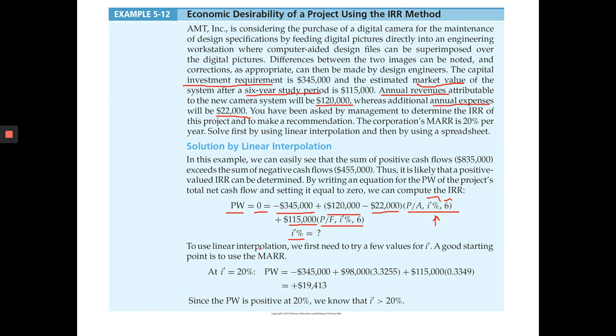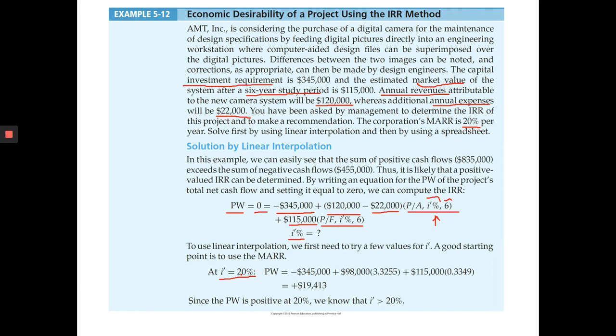To use the linear interpolation, we first need to try a few values for i. A good starting point is generally MAR itself. Since the MAR is given to be 20%, then we will first try 20% as the interest value.